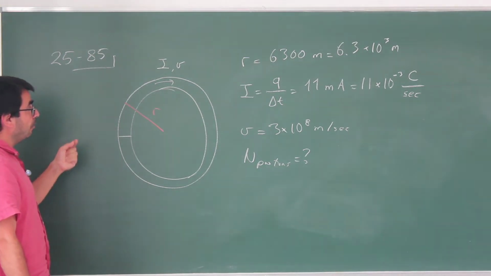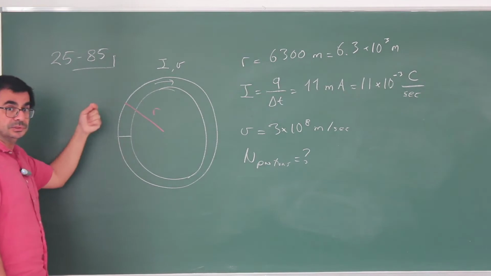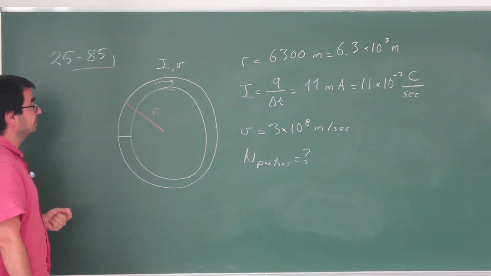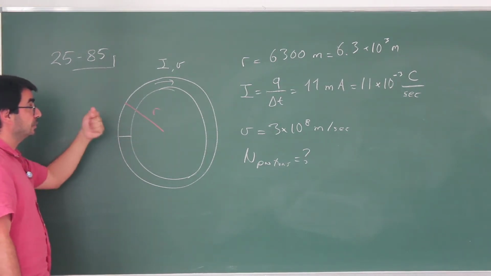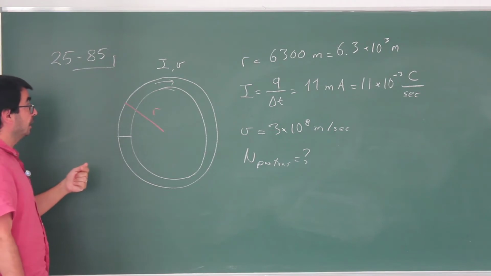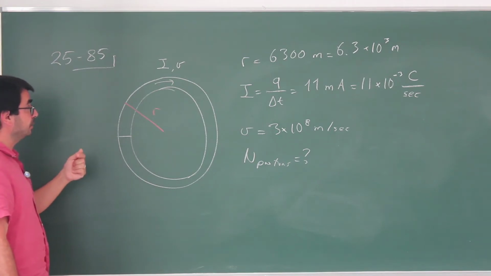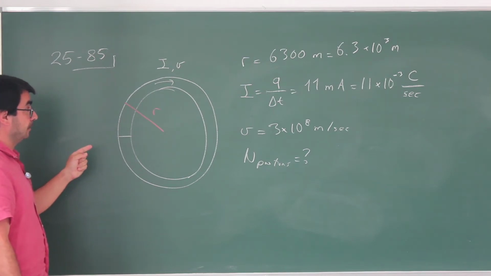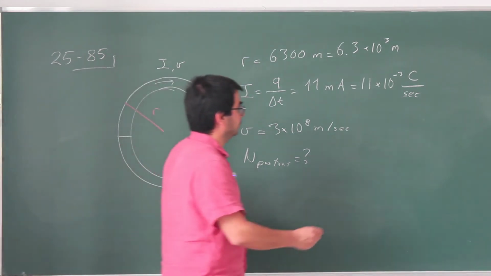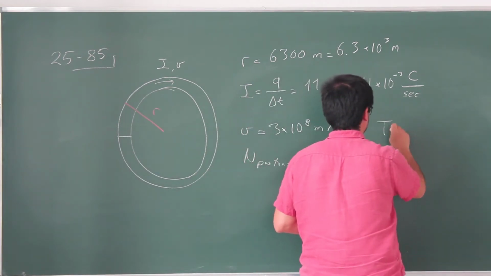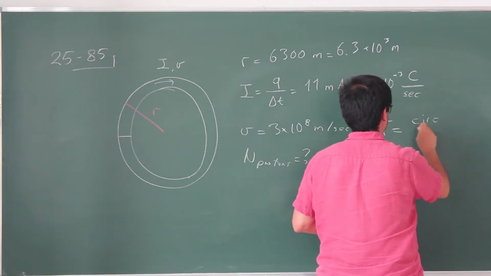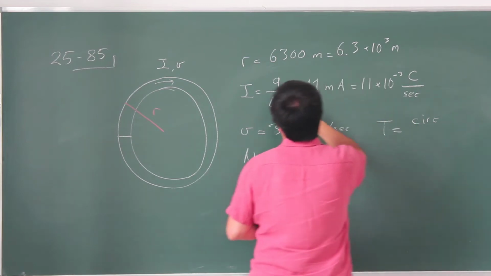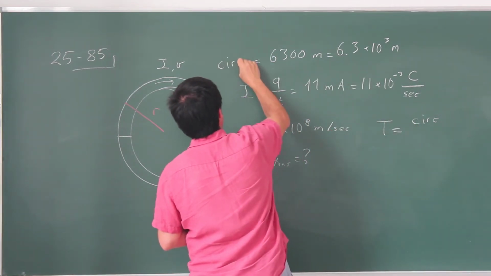So how fast do they actually go around this? Okay? One thing we can easily calculate is the period of rotation for these protons. And then by finding the period of rotation, we can estimate the number of protons inside the ring. So first let's find the period. This period is going to be the circumference. Oh, this is not the radius, this is the circumference.